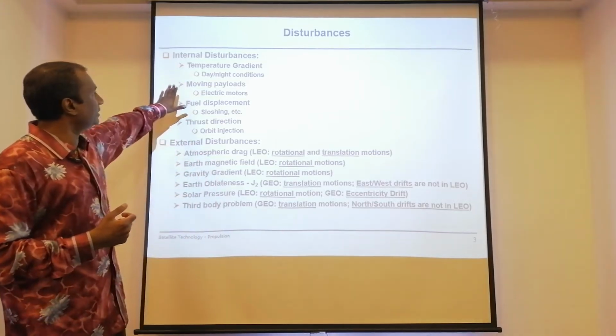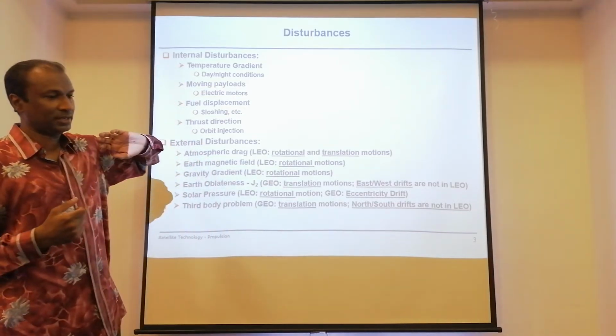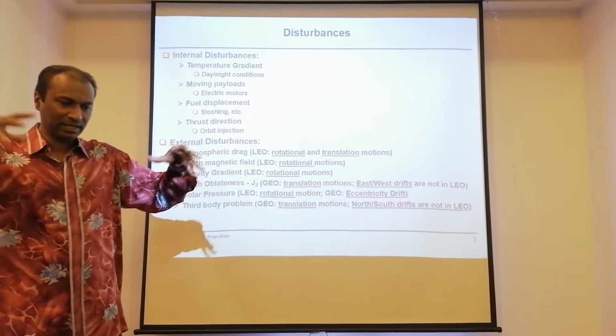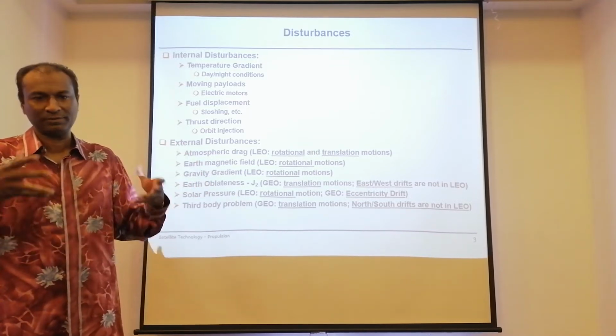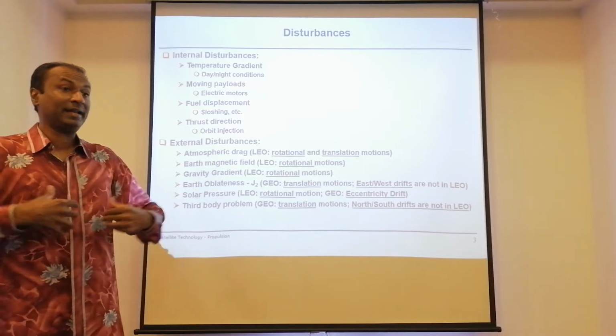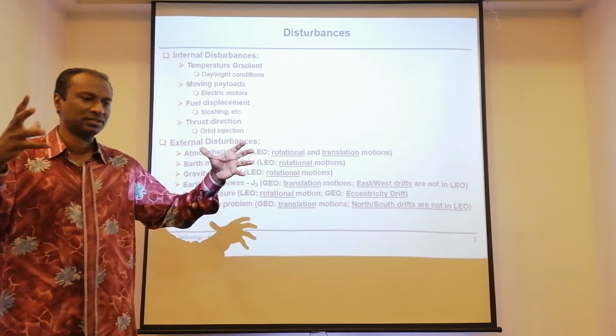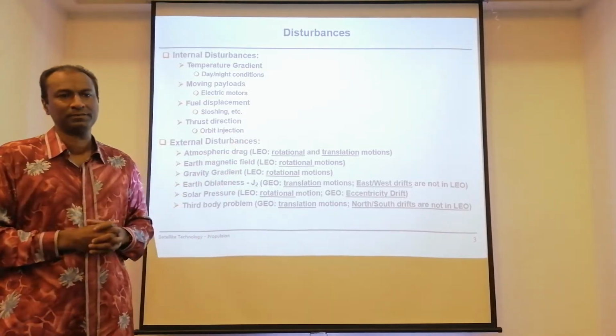Now, there are internal and external disturbances in a satellite. If you fly a satellite, internally there are some problems, meaning there are some disturbances disturbing us, and externally through space there are also disturbances. Both are disturbing us.